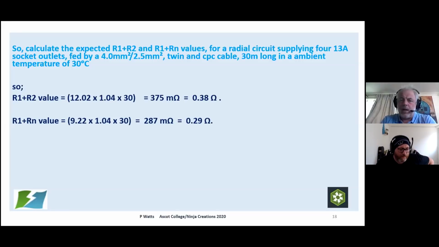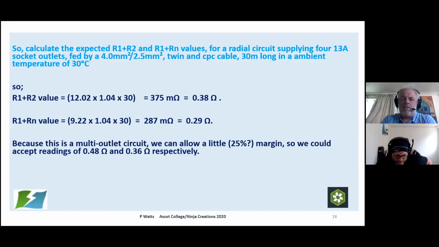Okay. Now, the other thing to consider, this is a multiple outlet circuit, so there's going to be a series of connections. So we might want to allow a little bit extra for those multiple outlets. So if we whack in the 25%, perhaps, we could probably accept readings of up to 0.48 ohms for R1, R2, and up to 0.36 ohms for the R1, Rn.